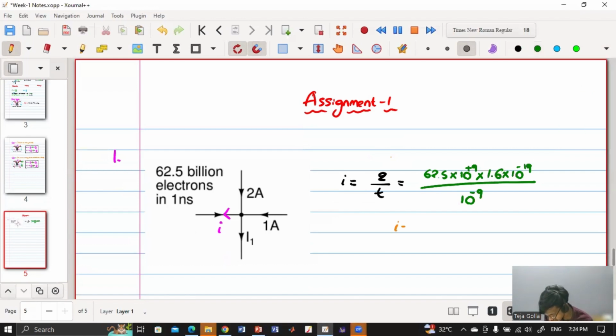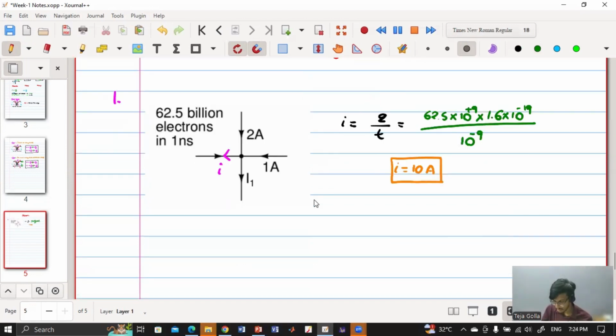Okay. Is everyone getting 10 amperes? Just check if the current is 10 amperes or not and let me know.